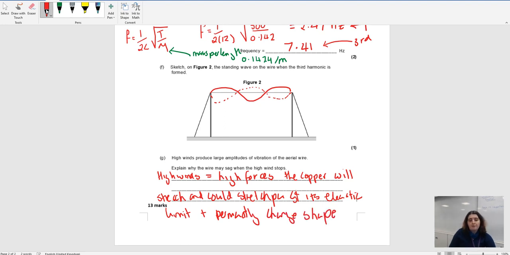Okay, so explain why the wire may sag. The wire may sag because there are high winds, which means high forces. This means the copper will stretch and could stretch past its elastic limit and therefore permanently change shape.